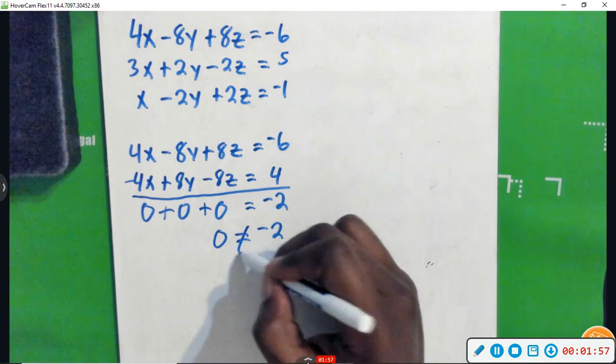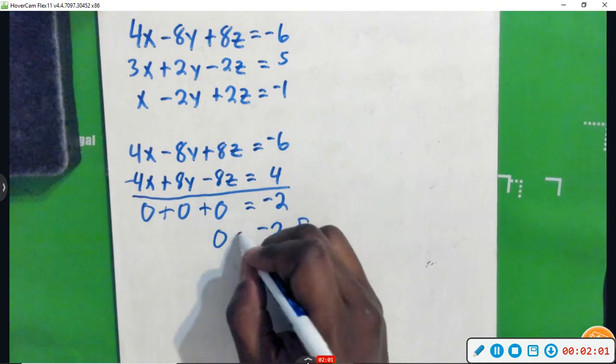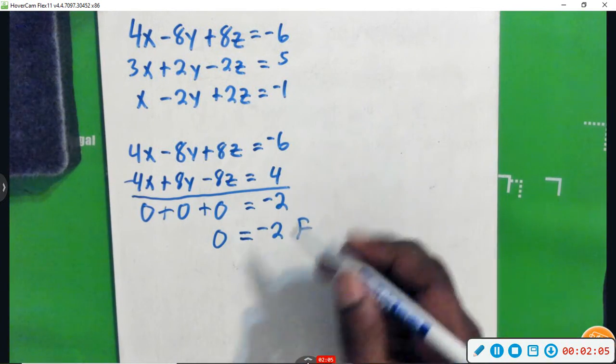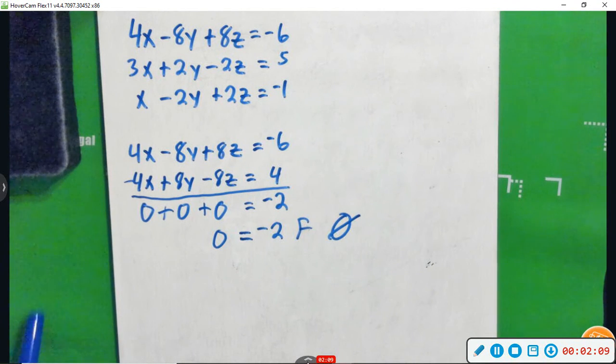This is a false statement. 0 is not equal to -2. And so, that being the case, we're going to say that this has no solution. So 0 with a line through it. So we don't have to go any further here.